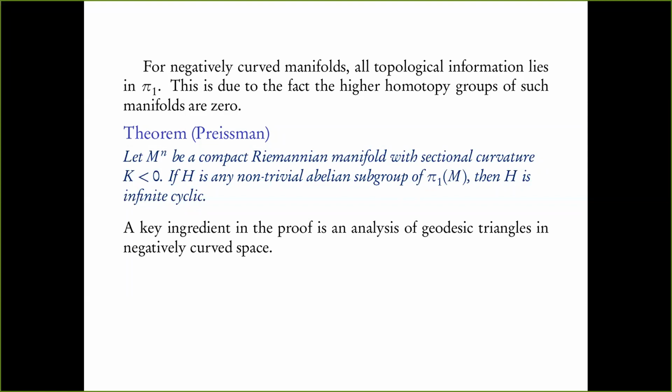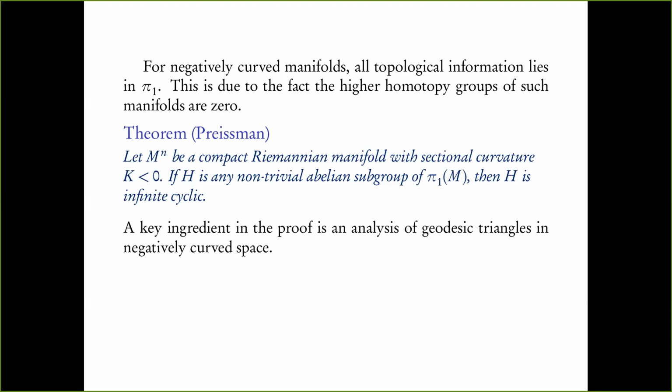Okay, so I'll not get into the proof, but a key ingredient in the proof is an analysis of geodesic triangles in negatively curved spaces. When you have a negatively curved space, even let's say the hyperbolic plane, you want a geodesic triangle. That means you are looking for the analog of the standard triangle on the flat plane inside the upper half plane: three vertices joined by three geodesics, A to B, B to C, C to A. It's a good exercise to go back and think about how such a triangle looks in the upper half plane.